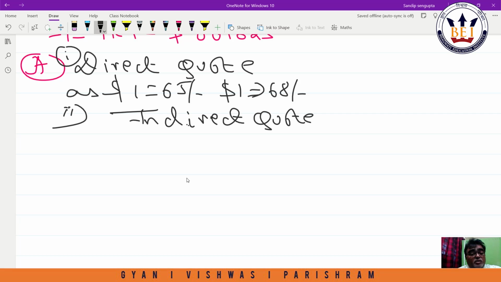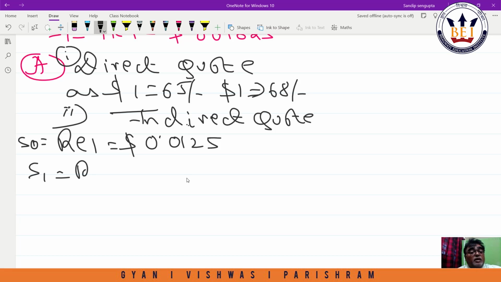Why indirect quote? Because here it is written rupee 1 equals to dollar 0.0125, S0, and S1 is rupee 1 equals to dollar 0.01625. It is an indirect quote. This one is in terms of dollar, the other is in terms of money.